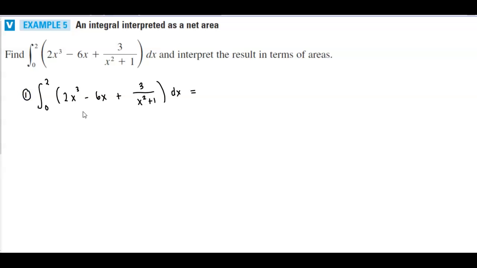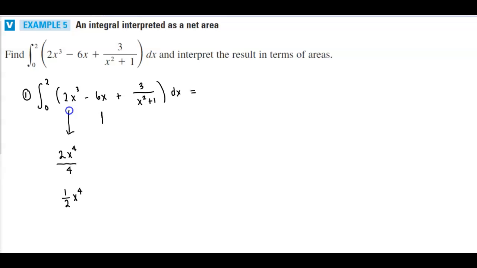Okay, so if we take this step by step, finding the antiderivative of each particular function, we know that if we take a look at 2x cubed, the antiderivative of 2x cubed is going to be 2x to the fourth over 4, which then simplifies to 1/2 x to the fourth.